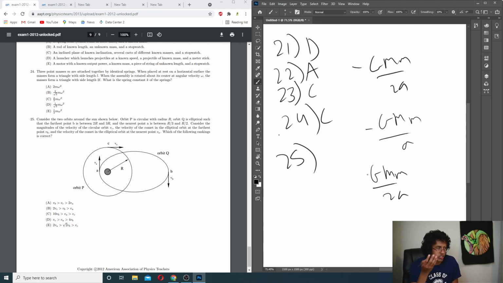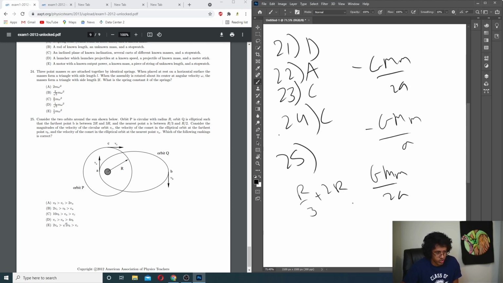In which case, we basically just want to find where the kinetic energy is the biggest. So how far this farthest point B is between 2r and 3r, and nearest point is between r over 3 and r over 2. So that means the semi-major axis was the smallest one. So you could do r over 3 and 2r. So that's like that.